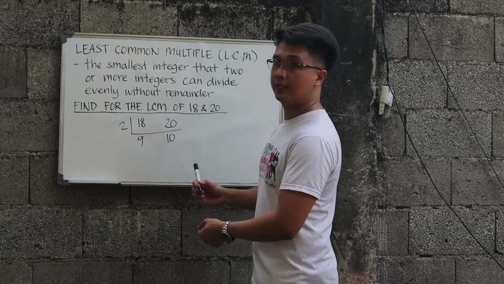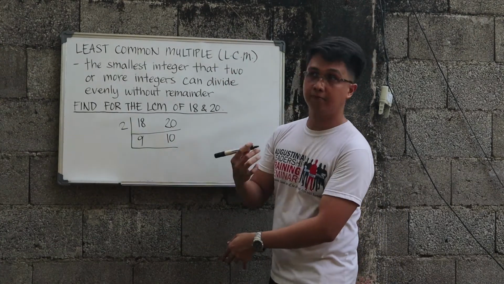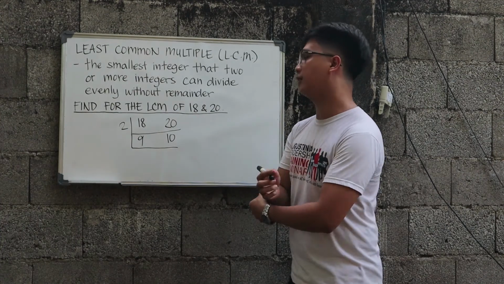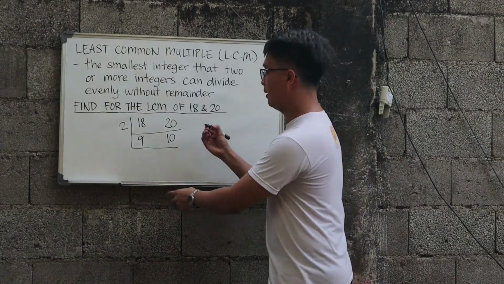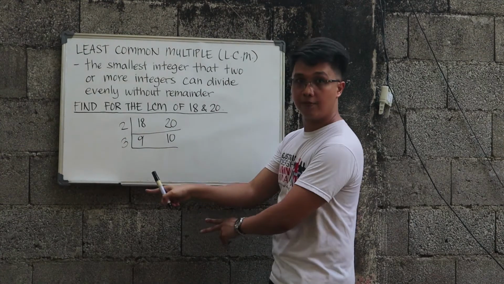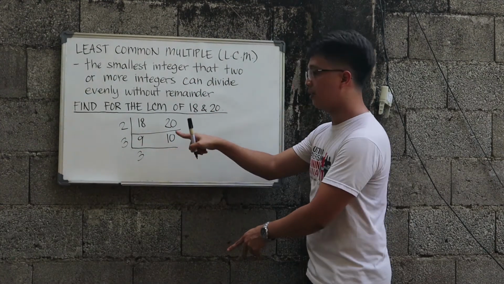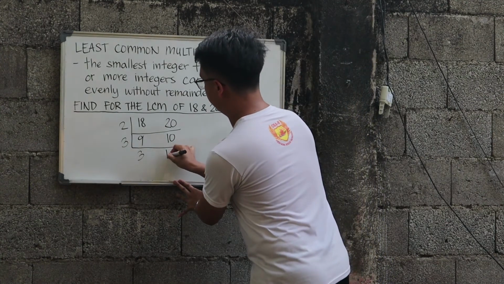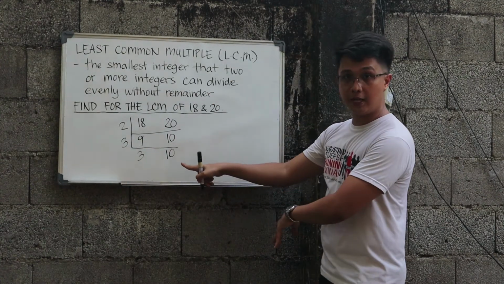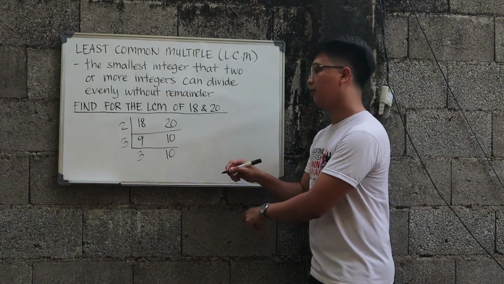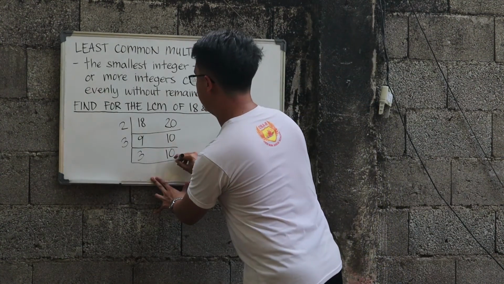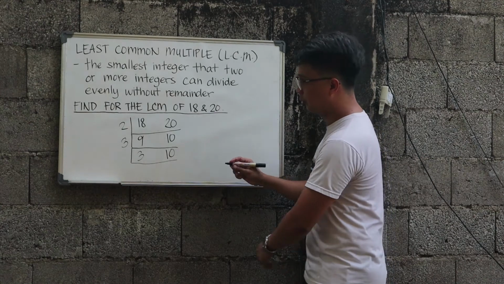What can divide 9? It is divisible by 3. So 9 divided by 3 is 3. 10 is not divisible by 3, so we just bring it down. 3 is already prime, but 10 is not yet prime, so we can still continue to divide. 10 is divisible by 2.